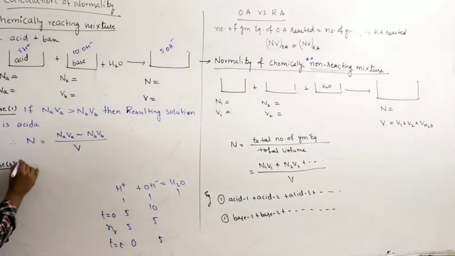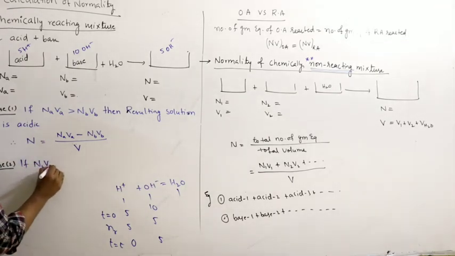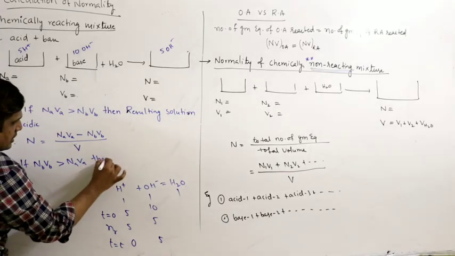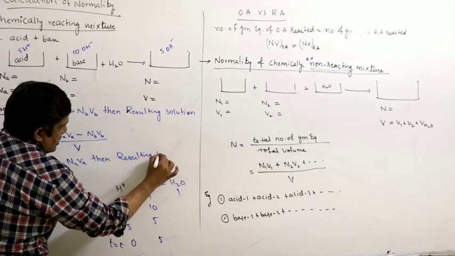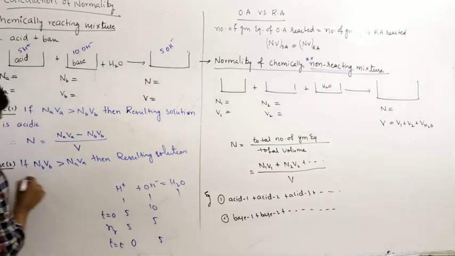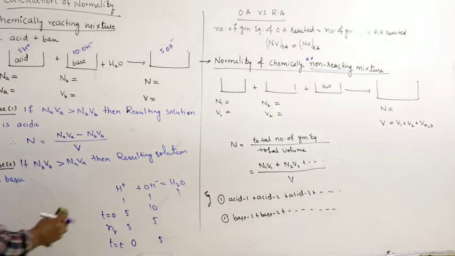So if NbVb is greater than NaVa, then the resulting solution is basic. That means it contains OH minus ions.